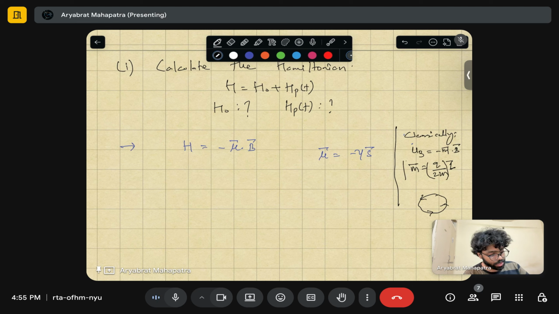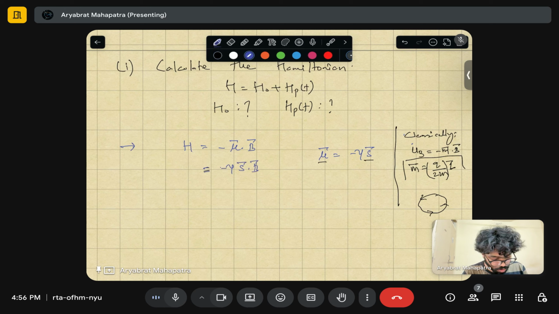Classically, you can check your electrodynamics topics which you have done previously. From that same thing, we are writing in terms of quantum mechanical operators and quantum spin. So I can write this mu dot B as minus gamma S dot B.